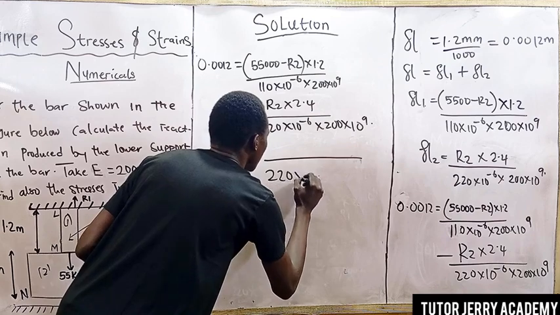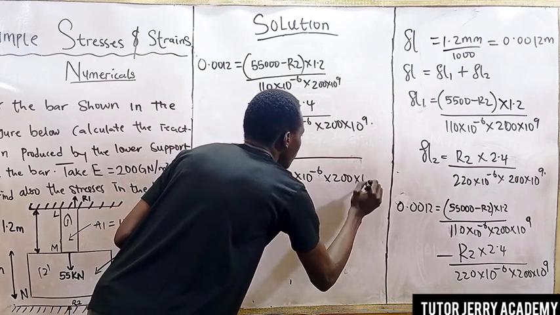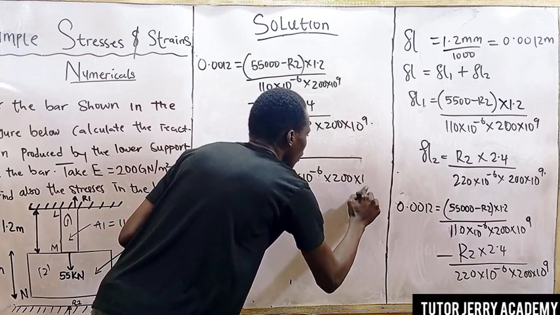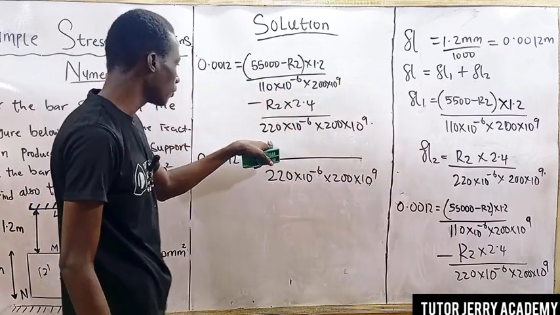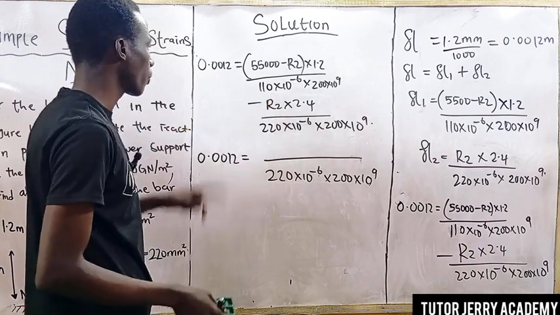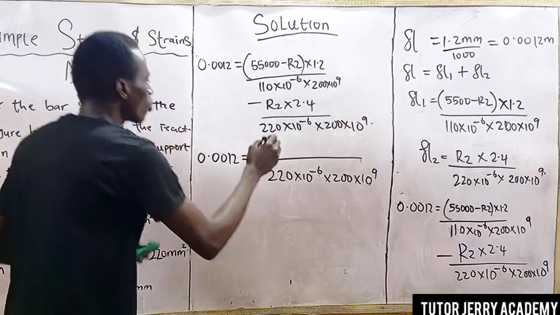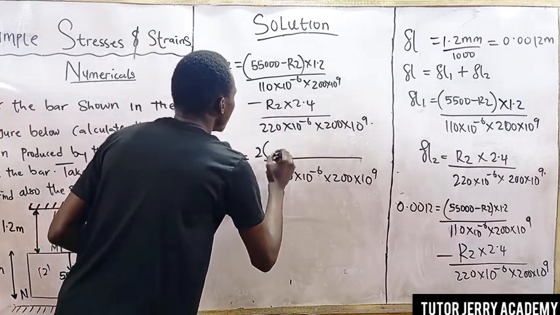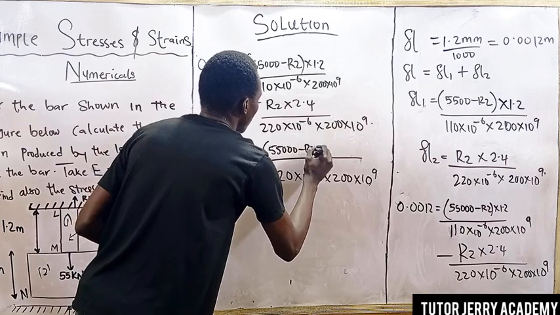Having 220 times 10 to the power of minus 6 times 200, this is the lowest common multiple. So from here, this divided by this, of course, we will be left with 2. This will cancel this. This will go into here 2 times. So this will be nothing but 2 into 5,500.